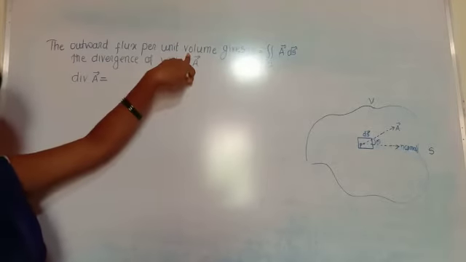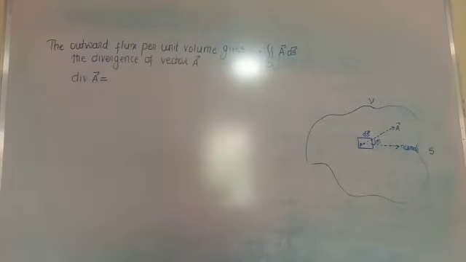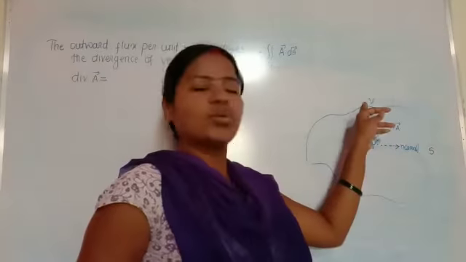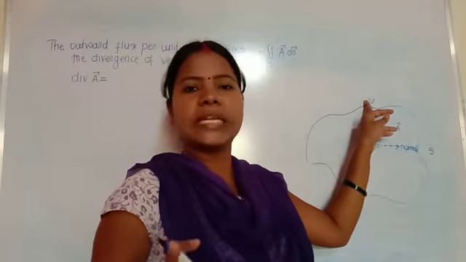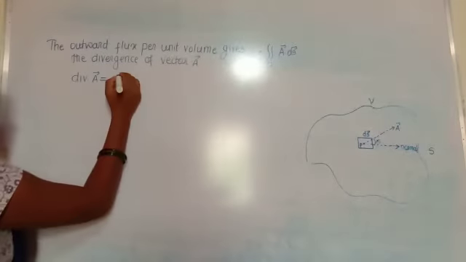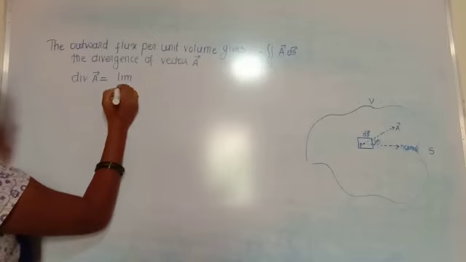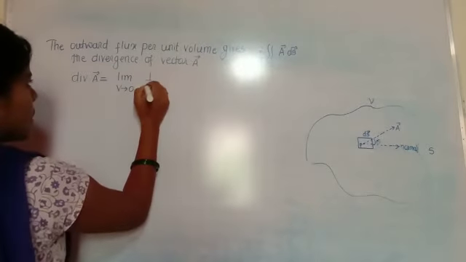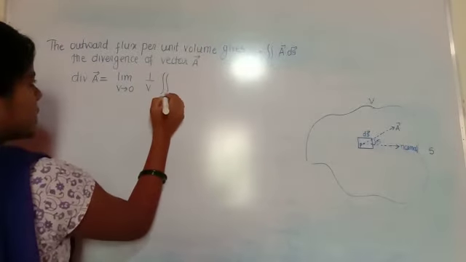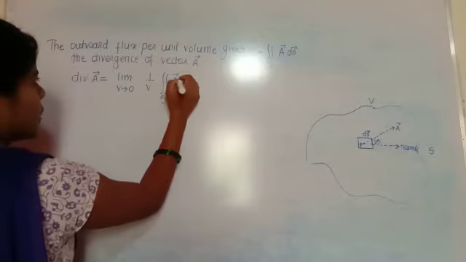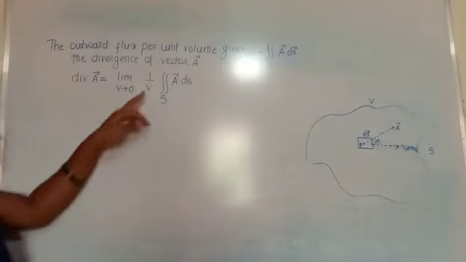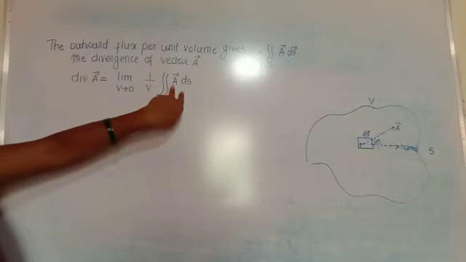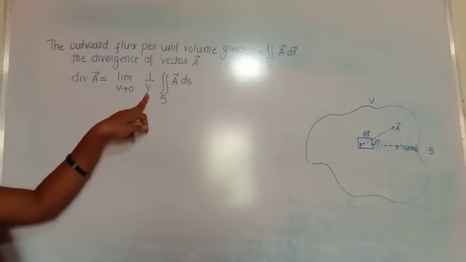For that there is a limit, V approaches 0, therefore we write the limit as V tends to 0 of 1 by V times the surface integral of A dot ds. That means this is the outward flux per unit volume.